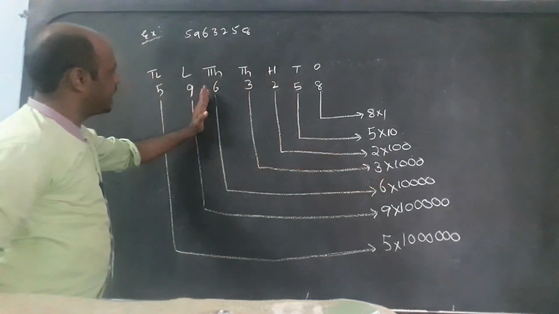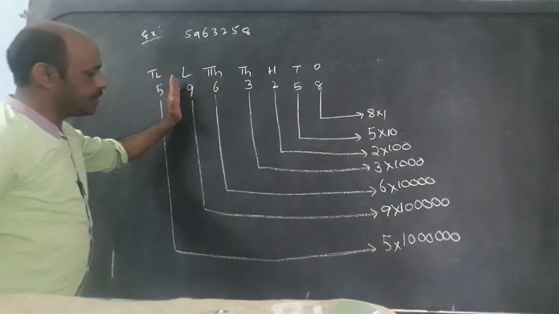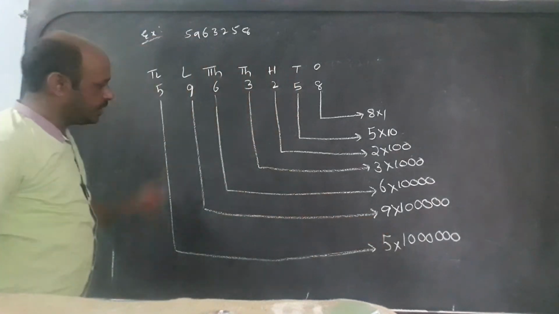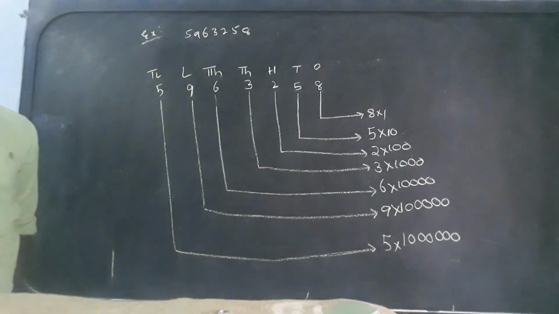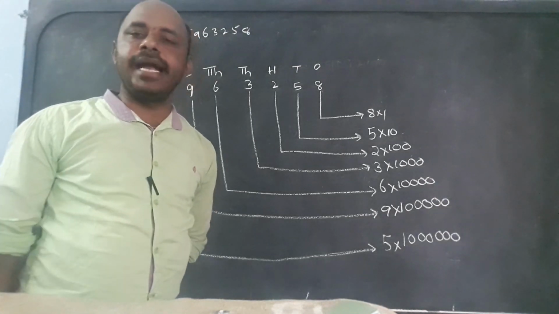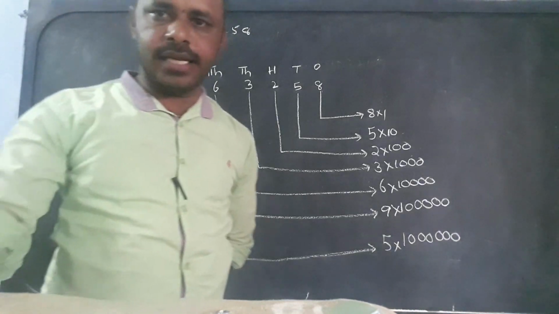Then 6 is in the 10,000s place, 6 into 10,000. Then 9 into lakhs, and 5 into 10 lakhs, that is the 10 lakh place value. Okay, children, next we will discuss number names and expanded form in figures. I will explain these three topics in the next session. Okay, thank you.